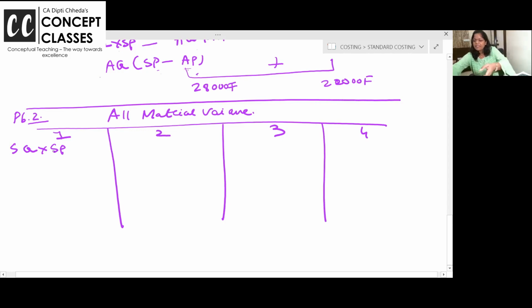Standard quantity into standard price. Next is actual quantity into actual price. You write it down.